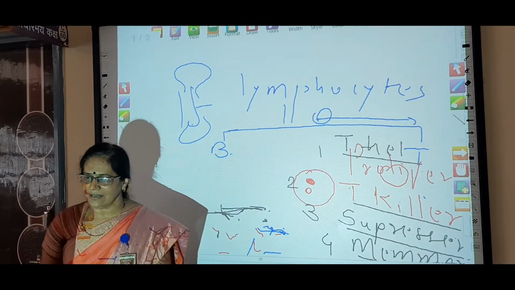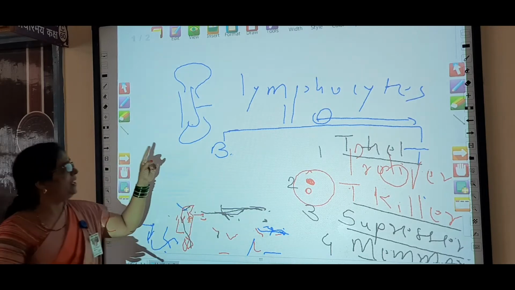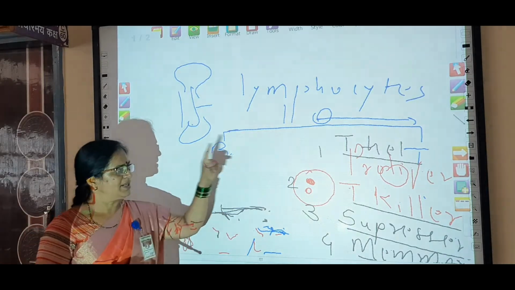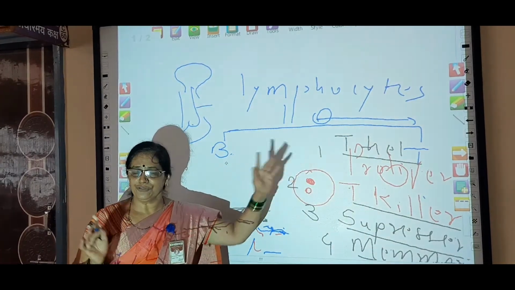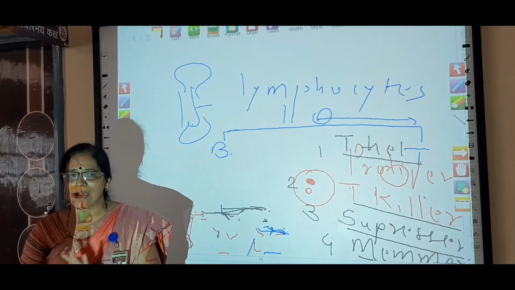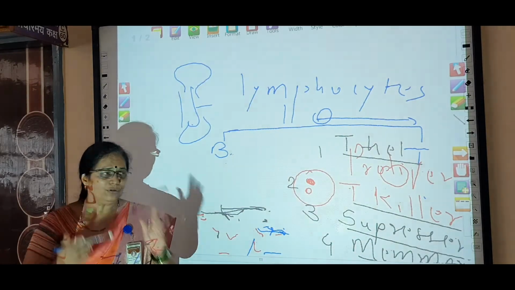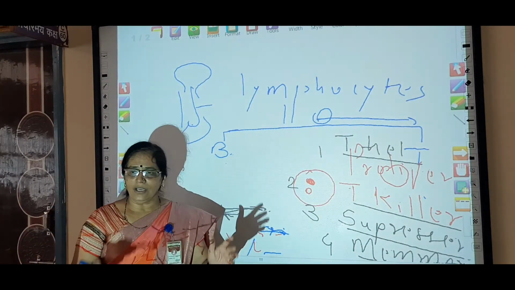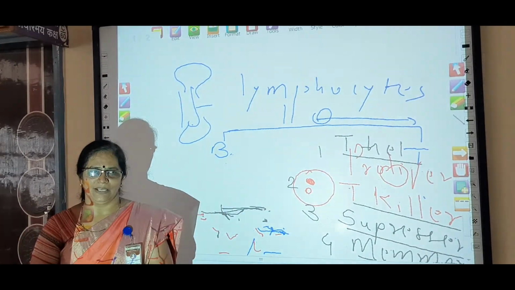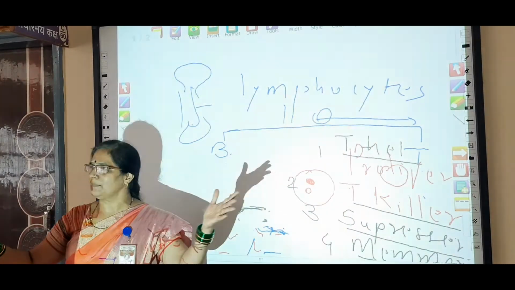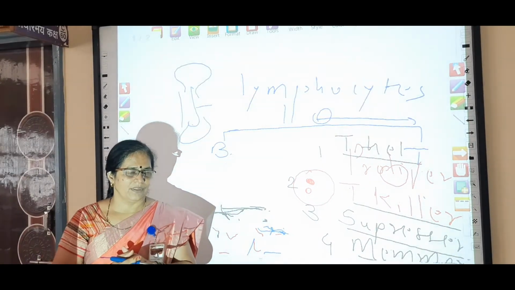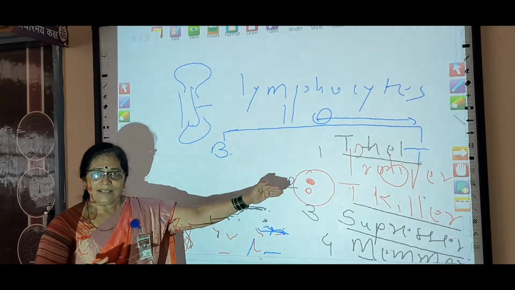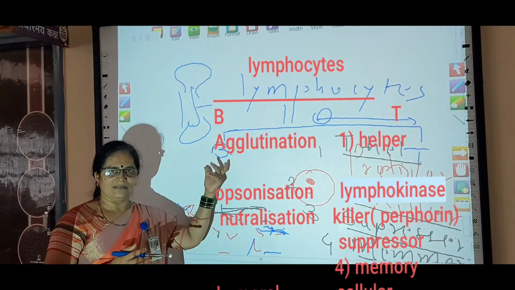The T helper cell helps the B lymphocytes. It secretes the lymphokinase enzyme. Due to the lymphokinase enzyme, the proliferation of the T cells takes place, that is, the number of T cells produced during the infection increases, and it also stimulates the B cells.